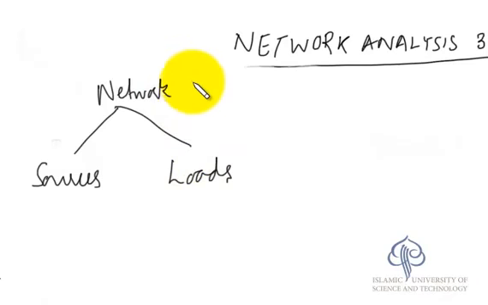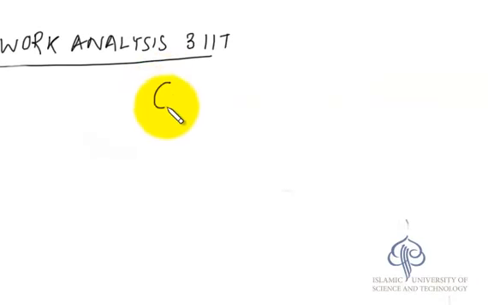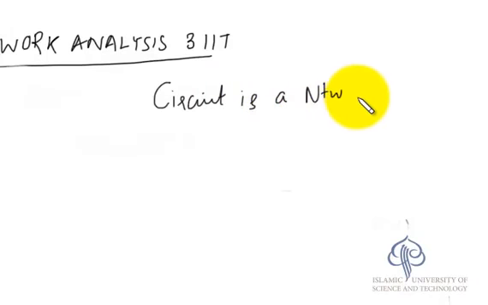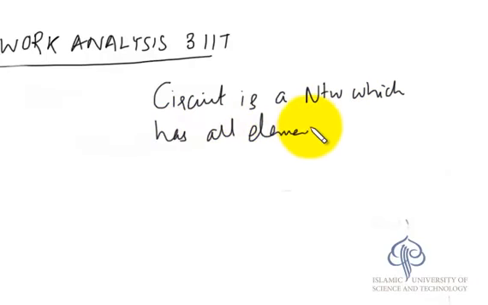The words network and circuit are used interchangeably, although there is a small difference between them. A circuit is a network which has all elements within a closed path.